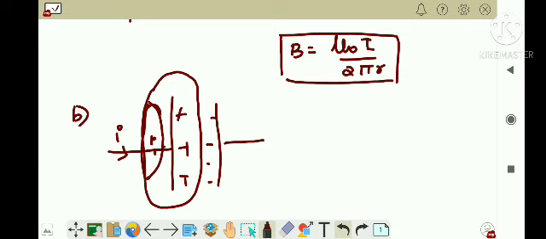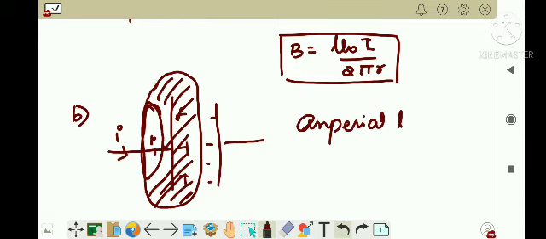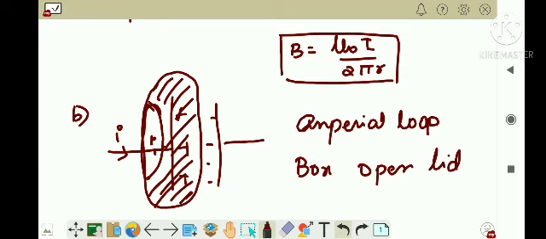This shaded entire portion is just like a box, and that box is acting as the Amperian loop, a box with an open lid. So P is actually enclosed inside the surface itself, but just this section is open. Clear? If you are asked whether this Amperian loop is enclosing the point P, yes, it is enclosing.